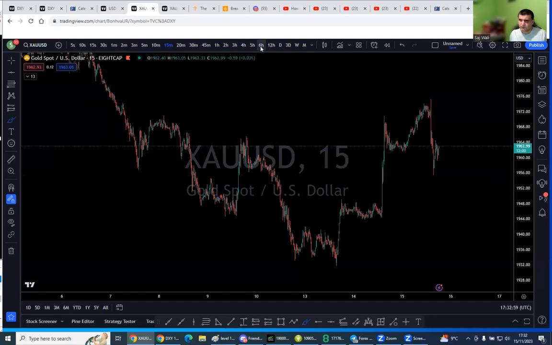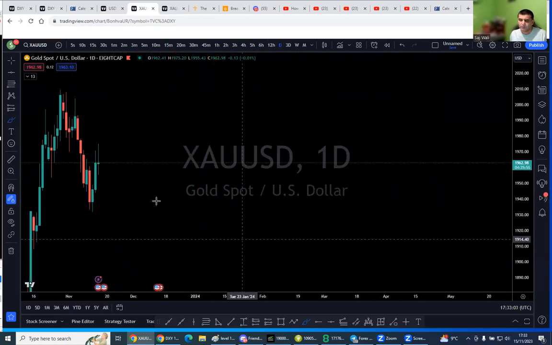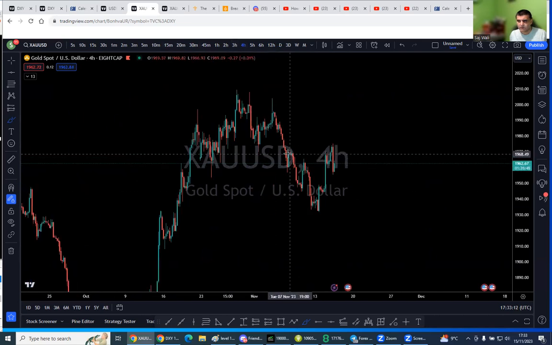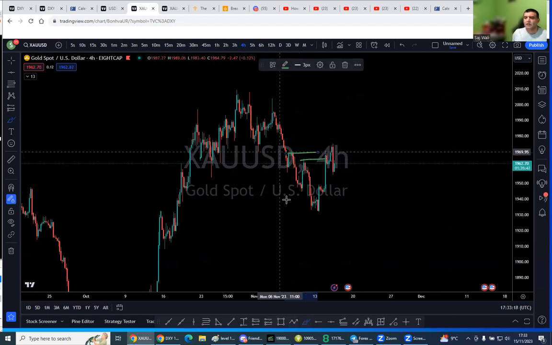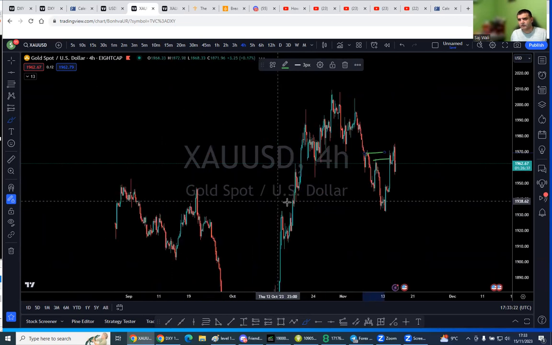Gold is bullish, as you know, in daily. It has broken the previous daily high yesterday, and in 4-hour it has also broken this previous structure. This structure was broken, and this structure was broken, and it was also rejected from the 0.38 Fibonacci level in daily.